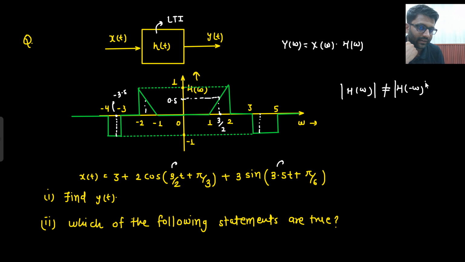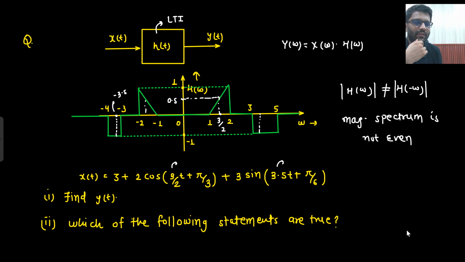Look closely: this is from 3 to 5, but this is from −3 to −4. If the magnitude spectrum is not even, what does that mean? That h(t) cannot be real or imaginary, both. h(t) has to be complex, because for real as well as for imaginary, the magnitude spectrum will be even only.